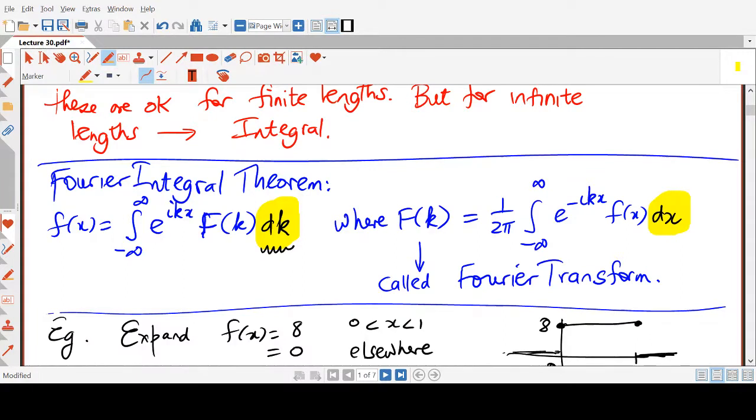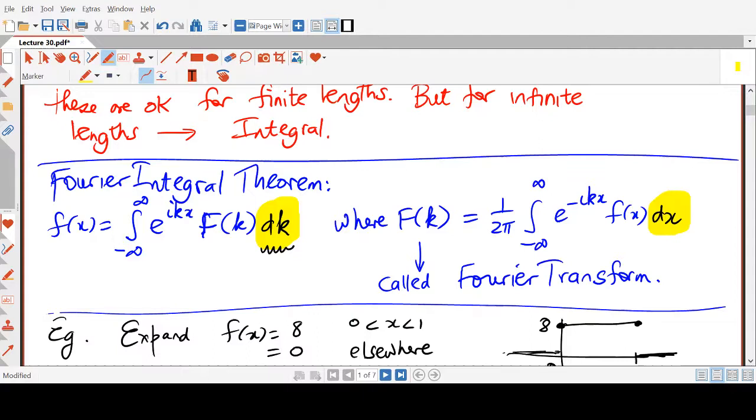Well, at the end of the game, you can integrate this, and at the end of the day, you replace the k by these limits. So what you will have left is a function of x. You'll do the integration with respect to k, but then you replace k by the limits, and you will still have an x in the problem. So the answer is f of x.